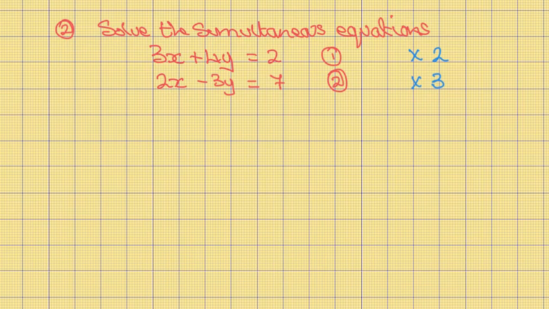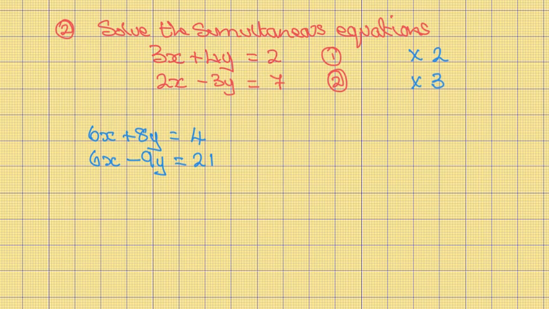So if I multiply equation 1 by 2, I get 6x plus 8y equals 4. Then multiply equation 2 by 3, I get 6x minus 9y equals 21.